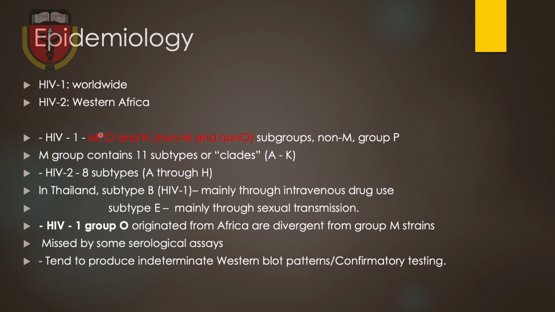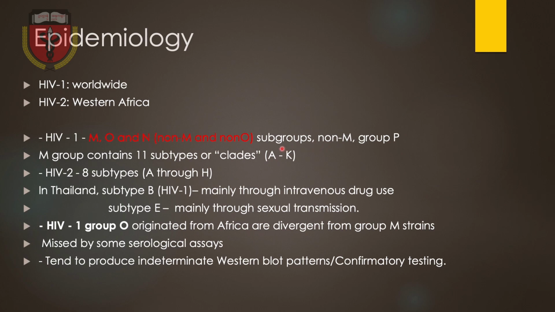And then you can classify HIV-1 further. HIV-1 has subclasses like M, O, and N, based on different groups, like genome components.